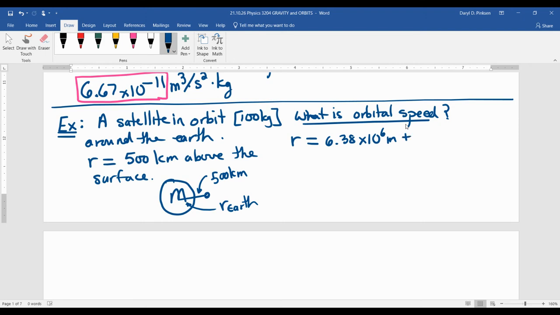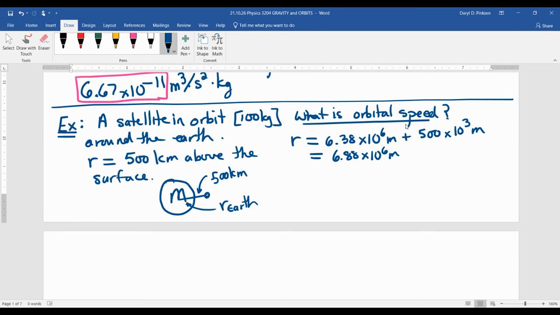And then we have to add on the 500 kilometers, which is 500, and each kilometer is 1,000 meters, times 10 to the 3 meters, because it's from the center of mass and not from the surface of the Earth. Our gravitational force is always measured from the center of mass. 6.38 times 10 to the 6 plus 500 times 10 to the 3 is 6.88 times 10 to the 6 meters.